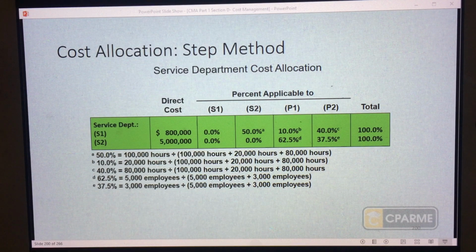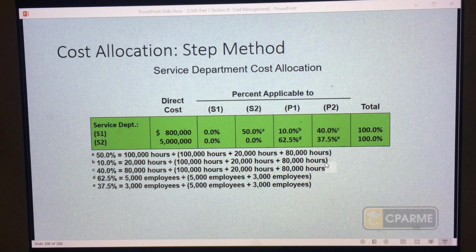If you look at the calculation below the table, again, you have to rely on your cost drivers, your computer hours, and your number of employees. So what costs are to be allocated from S2? So that would be your 5 million of your direct costs plus the indirect costs that are allocated coming from S1.